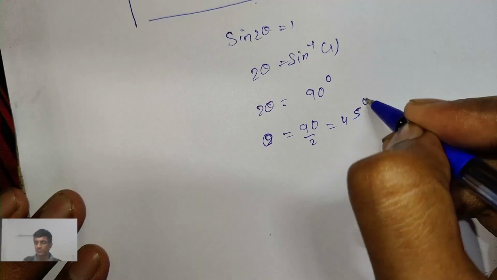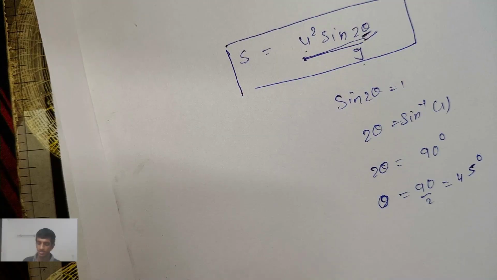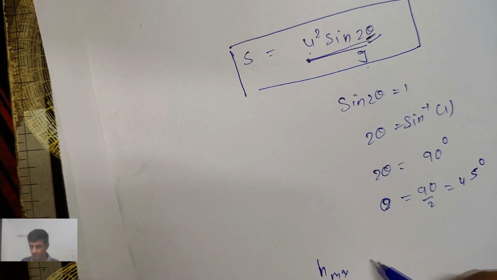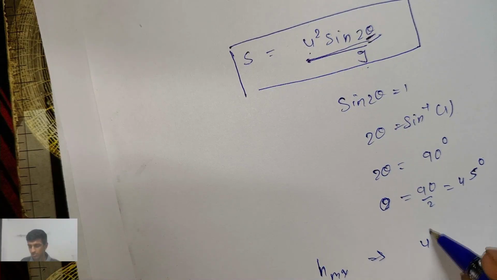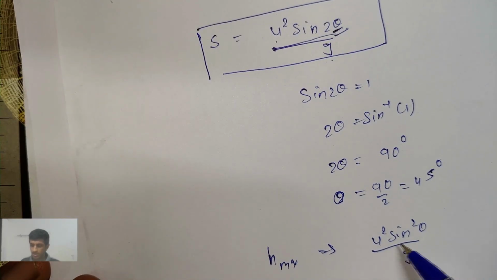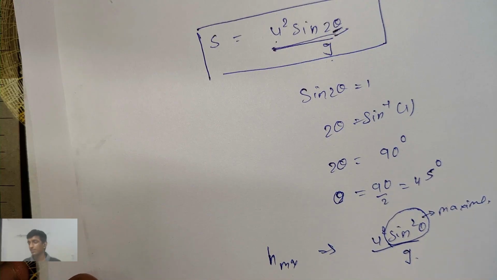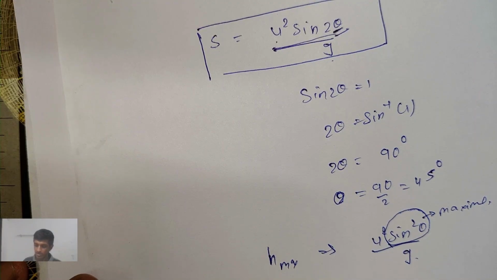Also, the condition for maximum vertical height: we know the formula u square sine square theta by g. In this case, sine square theta is the parameter we need to maximize. When will sine square theta be maximized? Let's see. Sine square theta is sine theta's square.